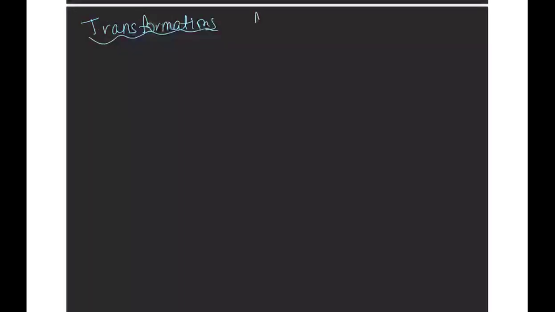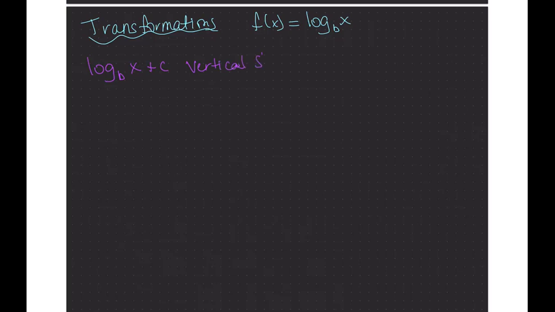So if we take our parent function and say that f of x equals log base b of x, and then we want to make some changes to this. If I have log base b of x and I want to add or subtract a number, it's not with the x, it's outside of the x. So we know that this is going to be a vertical shift, in other words, up or down.